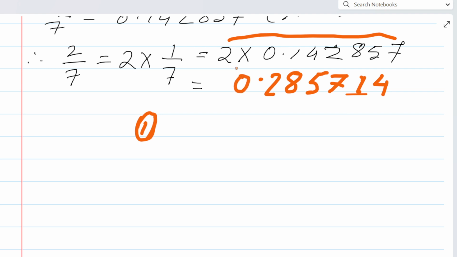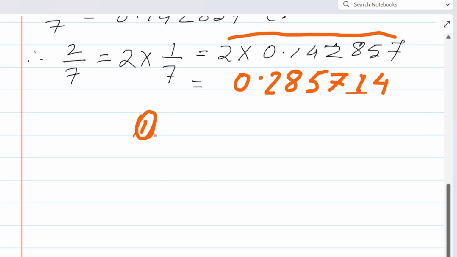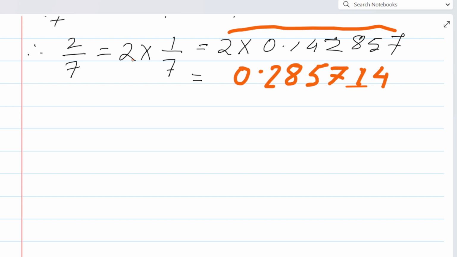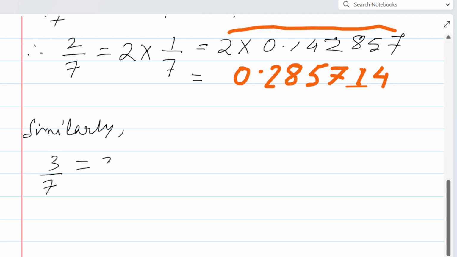So this is the simple method of doing this. Okay, is that clear? First one done, let's do the second. Similarly you can find 3 by 7. 3 by 7, what is this? 3 into 1 by 7.